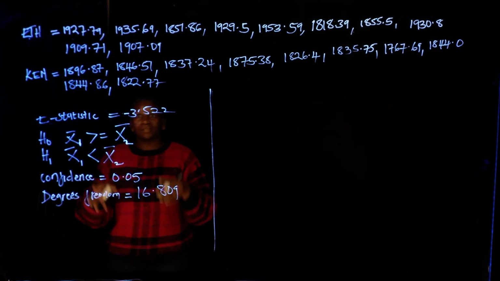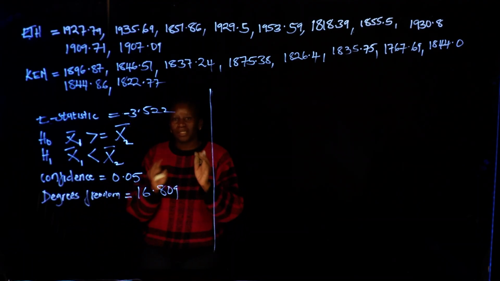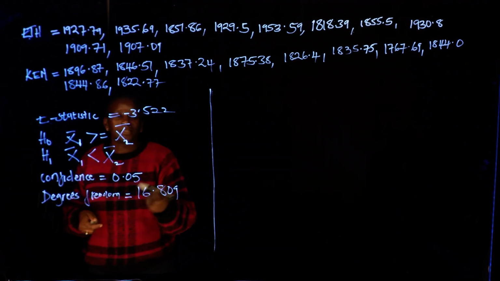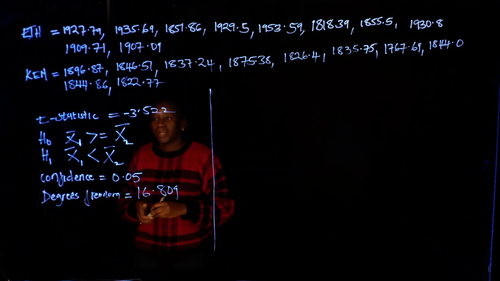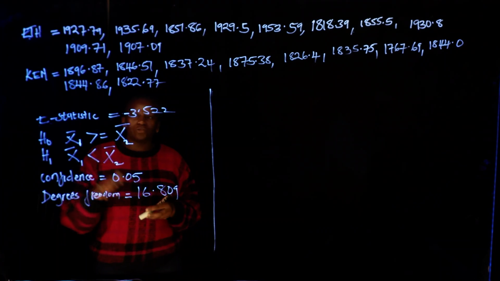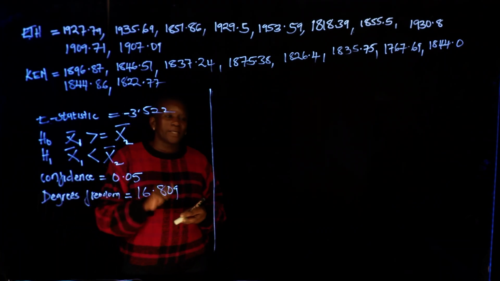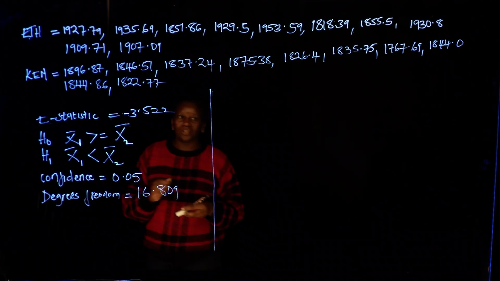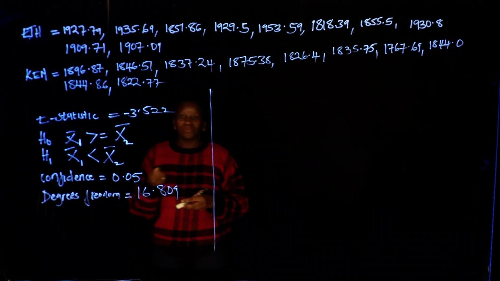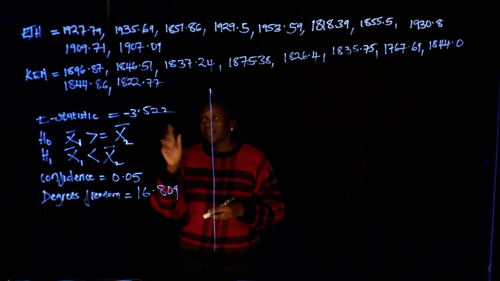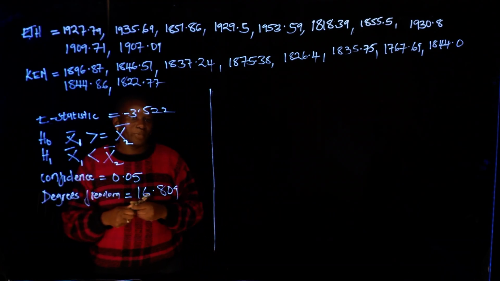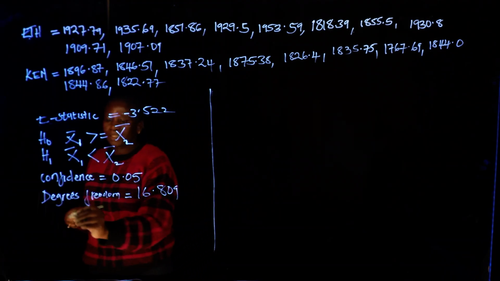So that is our degrees of freedom for this data set. So if we want to prove that actually the Kenyan runners are faster than the Ethiopian runners, we need to prove that their mean is less than the Ethiopian runners' mean. And that is where our t-test comes in.